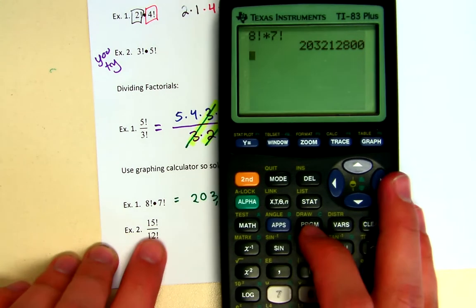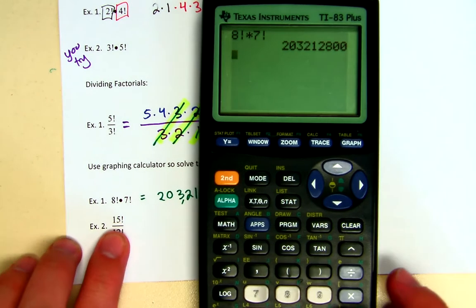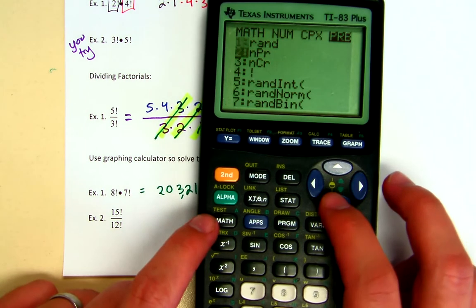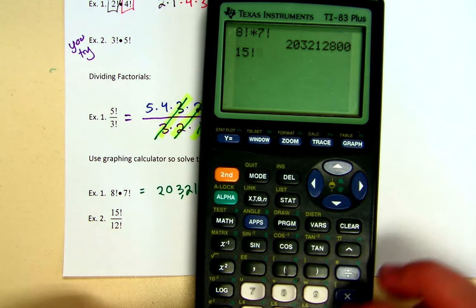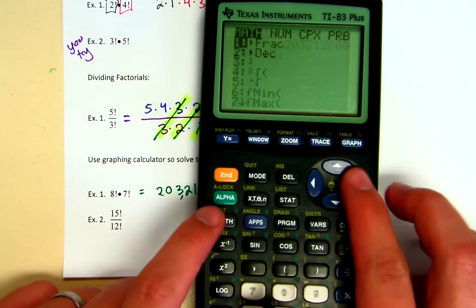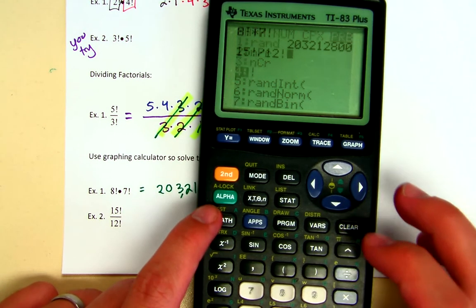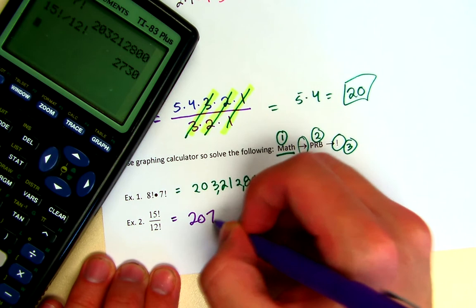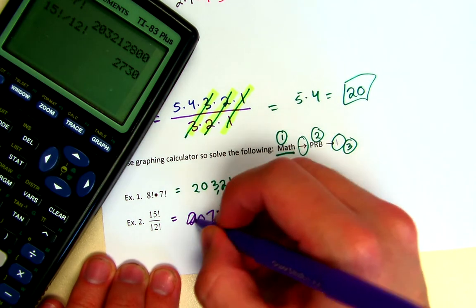Same thing with dividing. Now, when you have multiple on the bottom, you're going to want to use parentheses. In this case, I don't have to. But if there are multiple in the denominator, make sure that you put parentheses around it. So 15 factorial divided by 11 factorial. 32,760.